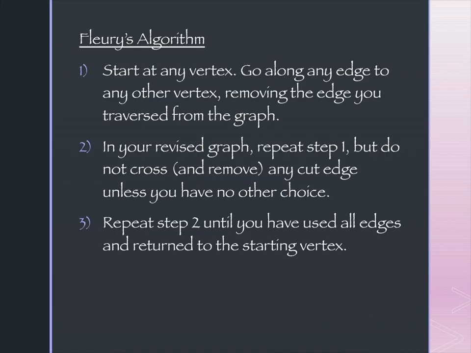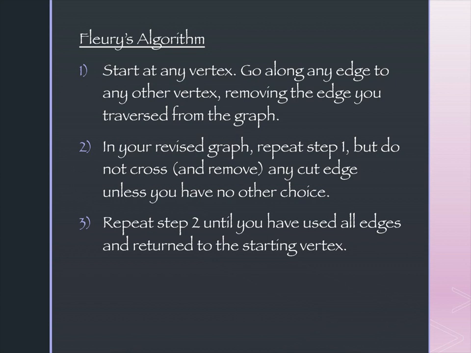So Fleury's algorithm says the following. Start at any vertex. Fantastic. Go along any edge to any other vertex. That's very specific, obviously. And you remove the edge that you go along. You delete it, kind of like we were doing with my cut edges as I'm erasing. You're erasing them as you go. I have the benefit of erasing them on my screen.